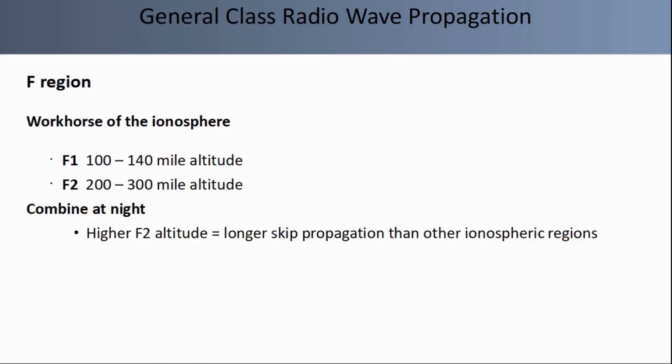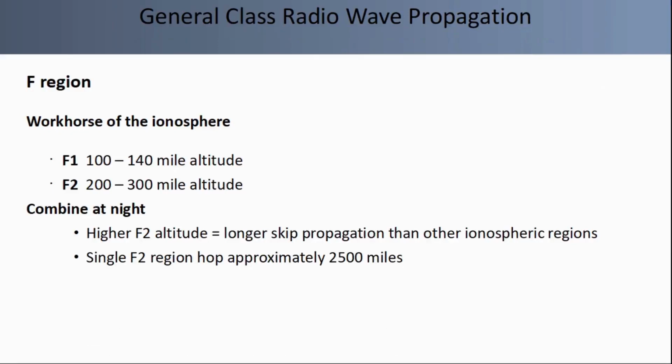Doesn't go away, it's still there. Now, the higher altitude associated with that F2 layer, what does that do? That can produce longer skip propagation than any other ionospheric region. That's the answer to a question. Longer skip propagation is due to the higher F2 altitude, versus other regions.